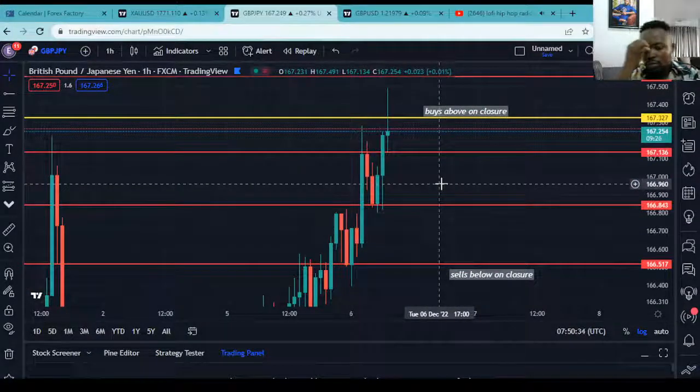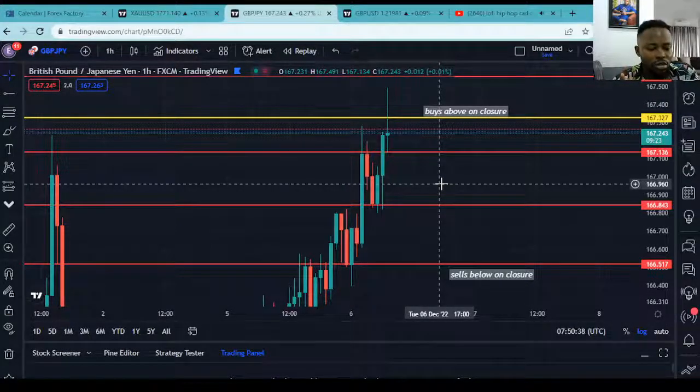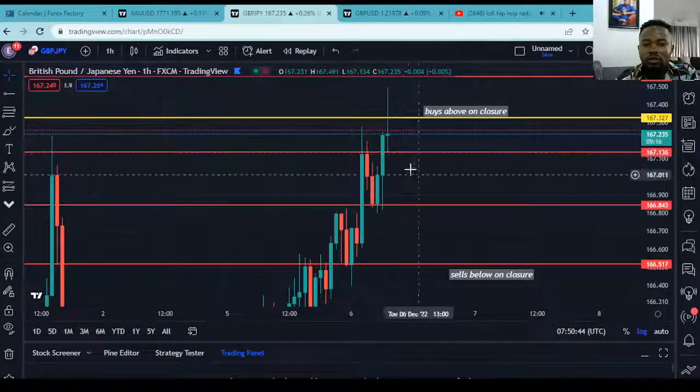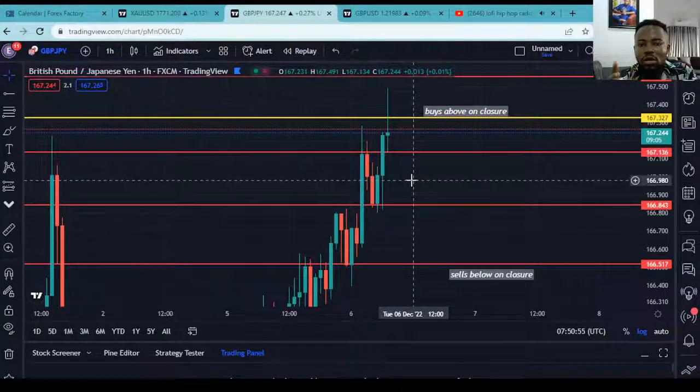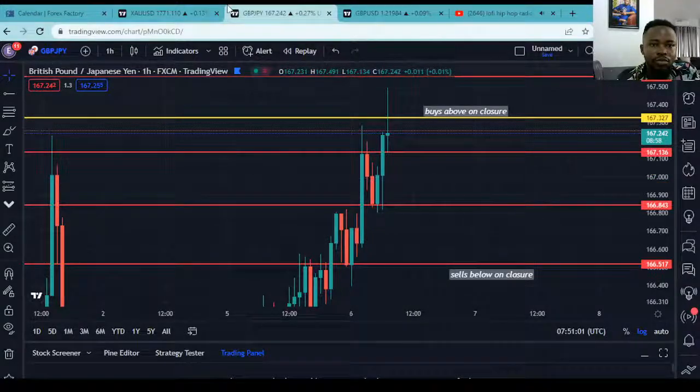And also we have 10 minutes to London Open, right? We need to be careful. Most of the losses I've had in trading recently is taking a trade before London Open, right? 5-10 minutes before London Open.